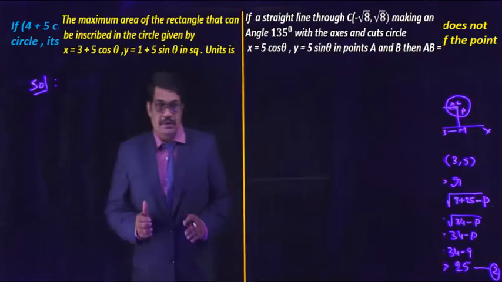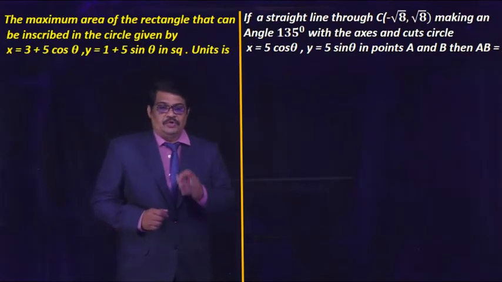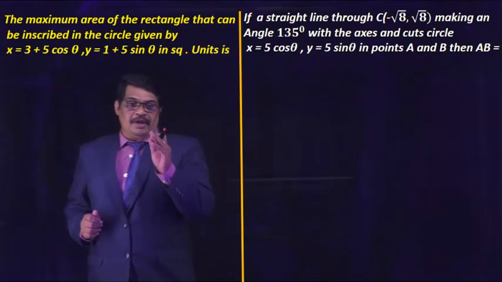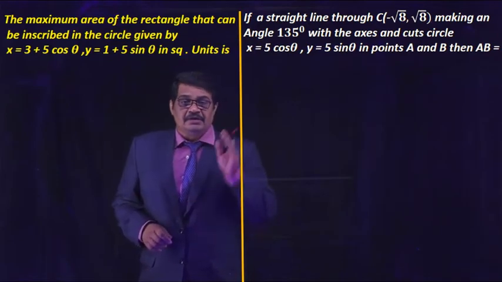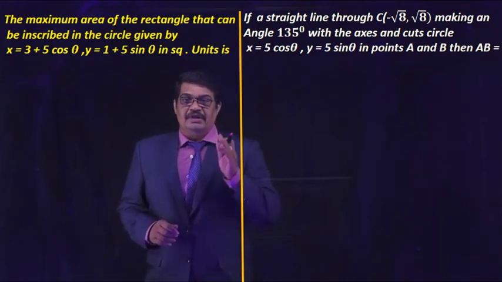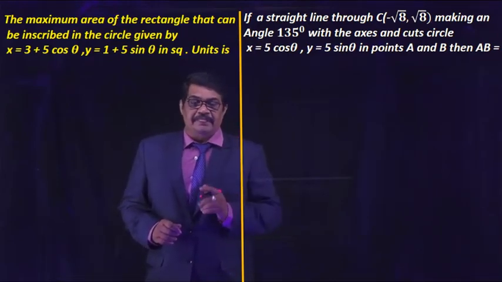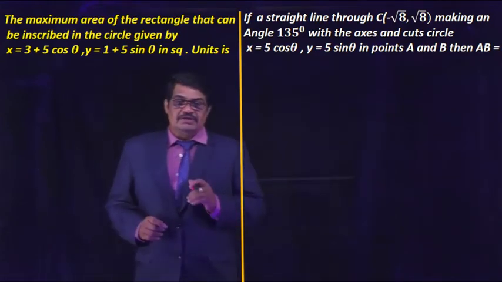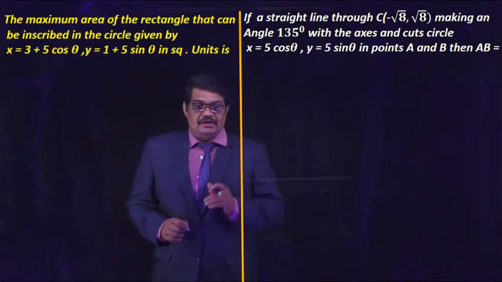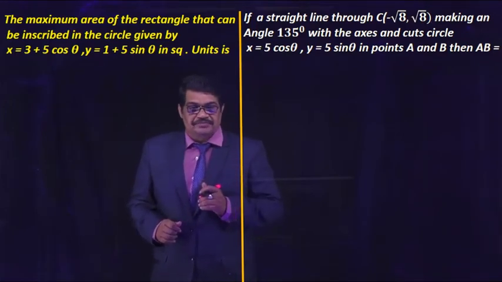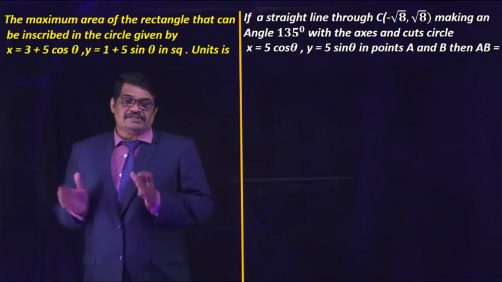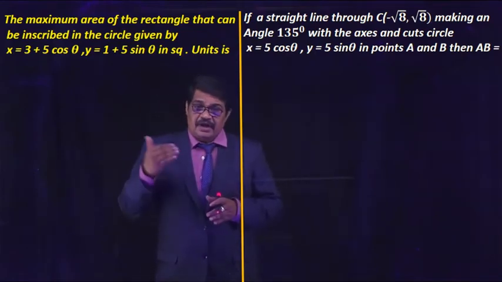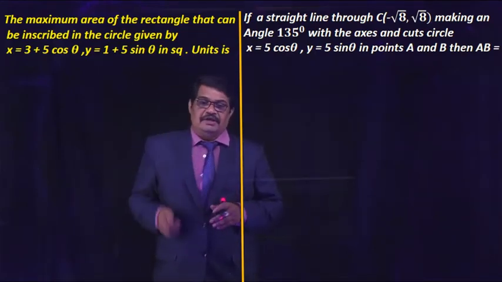Okay, see the problem. The maximum area of the rectangle that can be inscribed in the circle given by x is equal to 3 plus 5 cos theta and y is equal to 1 plus 5 sin theta, in square units. Here we are finding the maximum area of the rectangle inscribed in the circle.